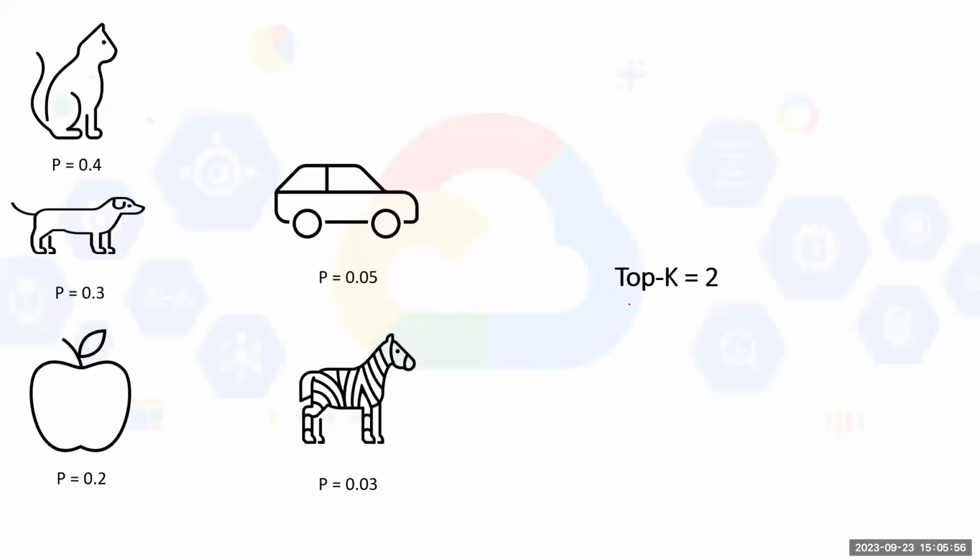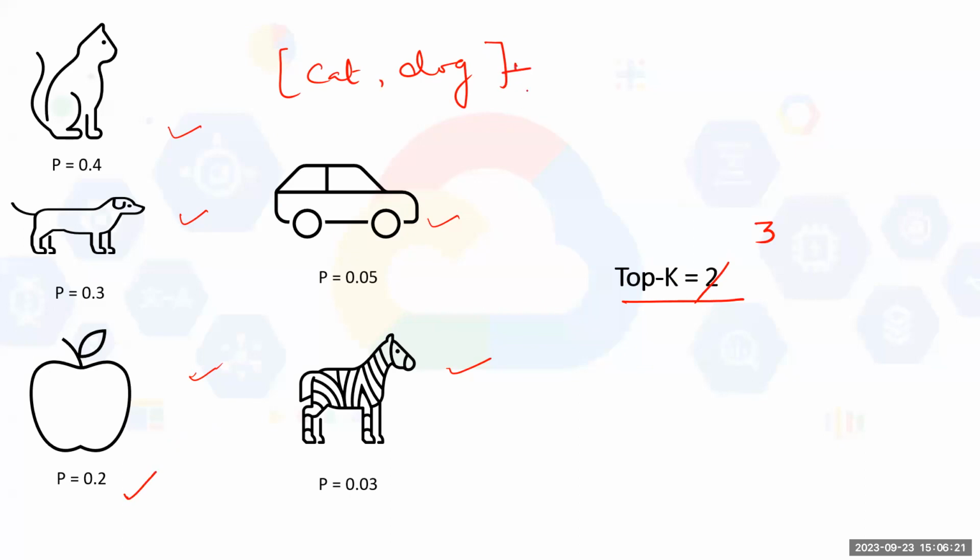If I give a top K value of 2, then based on all these samples, I will use just the top two words with the highest probability. That is, in the output I will get cat and dog. Similarly, if I change the value to 3, my next most probable word is apple, so my output will be plus apple.